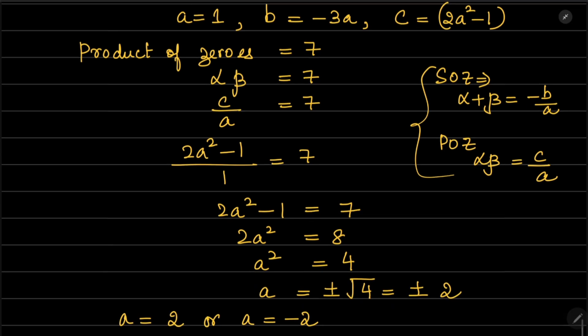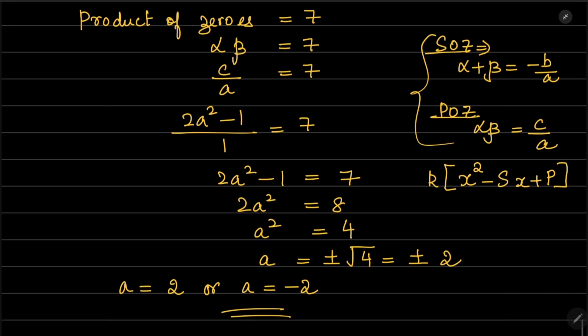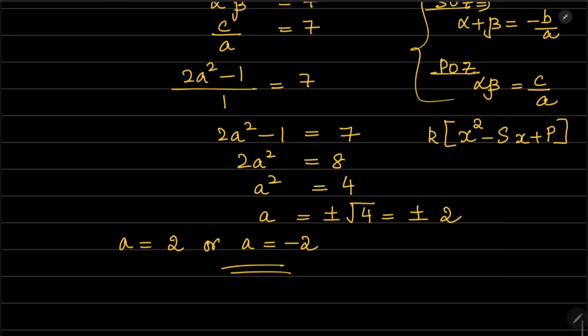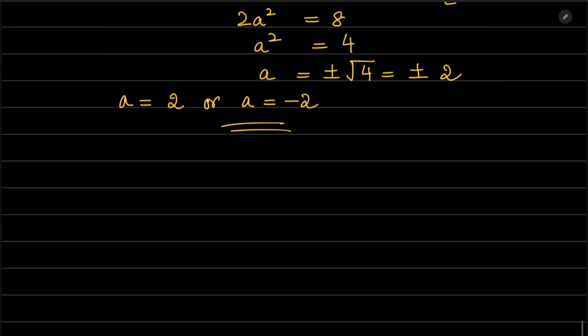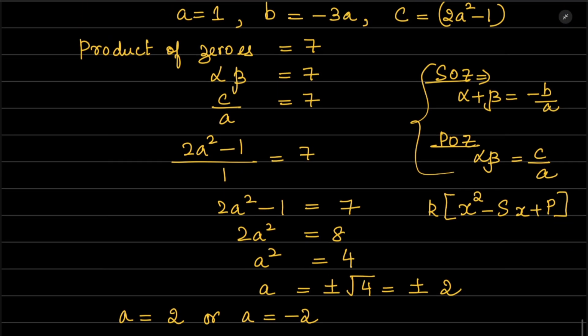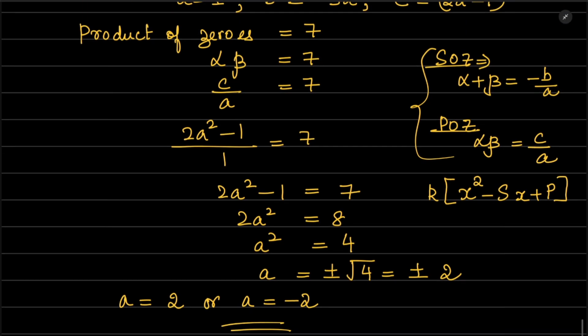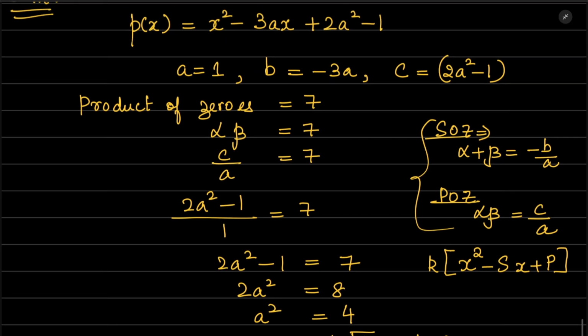If you know the sum of the zeros and product of the zeros, you can write the quadratic polynomial k multiplied by x square minus sx plus p. What more is there? That's all there is, isn't it? And then you'll have to know one of the derived identities. Alpha square plus beta square equal to alpha plus beta the whole square minus 2 alpha beta.